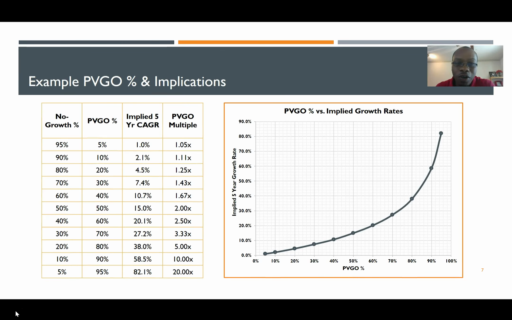Now, just to show how important this percentage is to a company's value, I put together a graph here showing an implied growth rate and a PVGO multiple based on that percentage. And as you can see, the closer you are to 100%, the more it affects your value. Even the difference between 90 and 95% is essentially, are you worth $200 or $100?